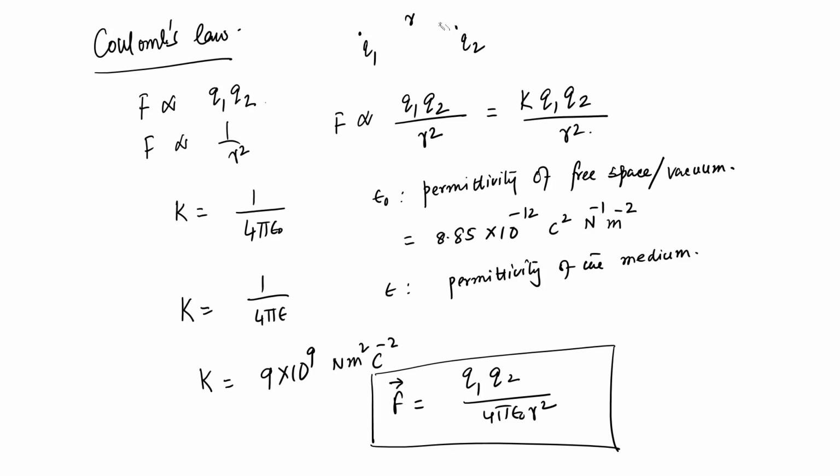If you allow me to redraw this line, this is that distance, and the direction of the force is in the r cap direction, which means it is connecting the two charges. This is the r cap direction, and this is the direction of the force, which is along the line joining the two charges.